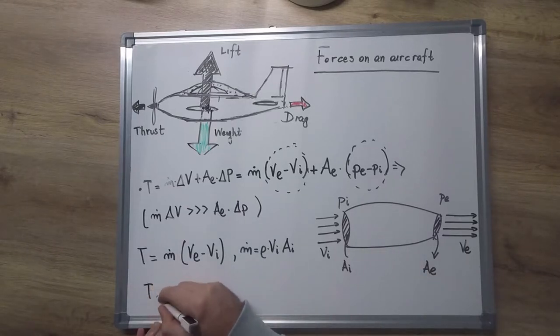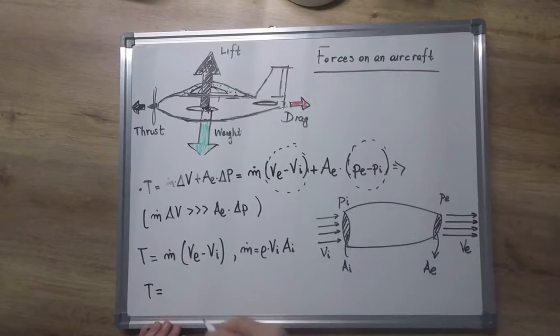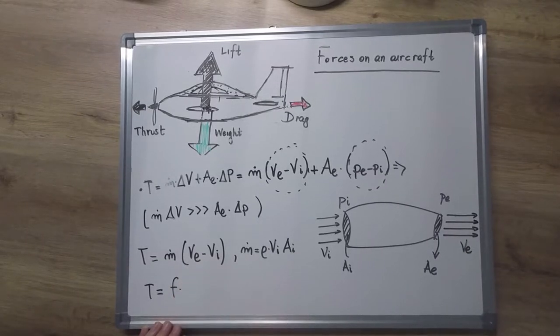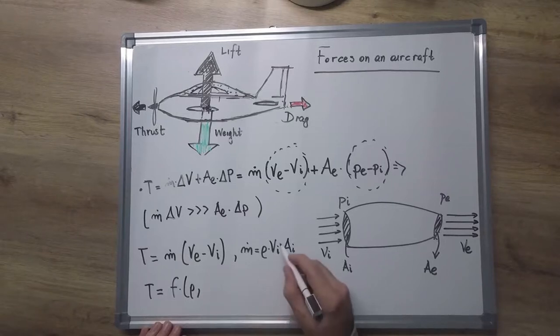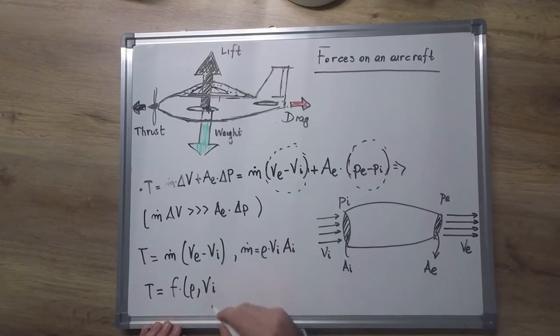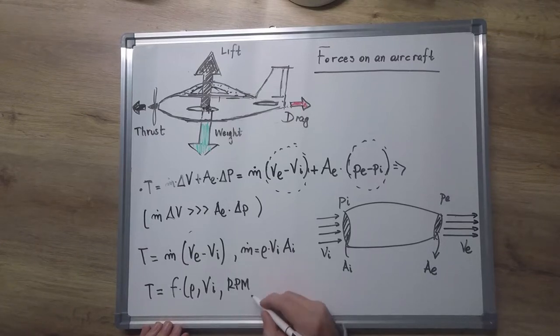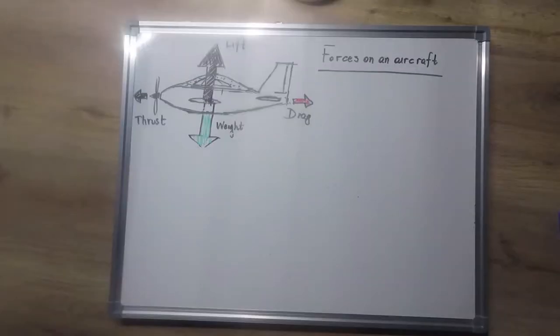Finally, we can see that the thrust is a function of air density, the aircraft velocity, and of course the change in the speed of the airflow that the engine creates. So we could say that this is a function of RPM.